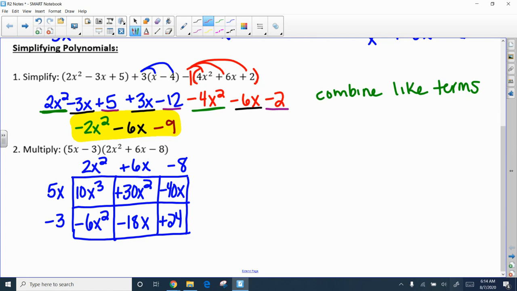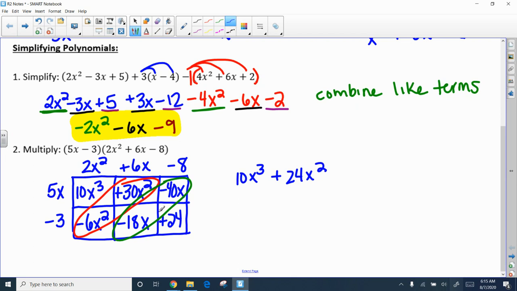Now I have to combine like terms. So I have 6 terms here. Usually when we do box method, the like terms will be in the diagonal. So I'll be able to combine those ones, and I'll be able to combine these ones. So I have 10x cubed. That doesn't have any like terms. I can combine a negative 6x squared and a positive 30x squared, which is positive 24x squared.